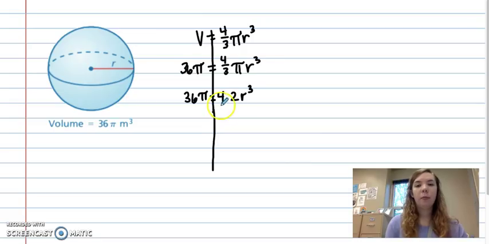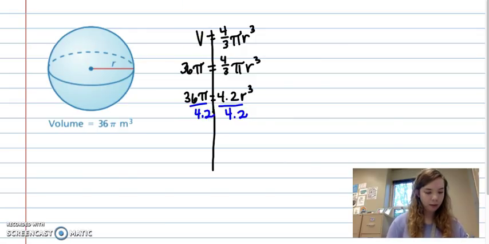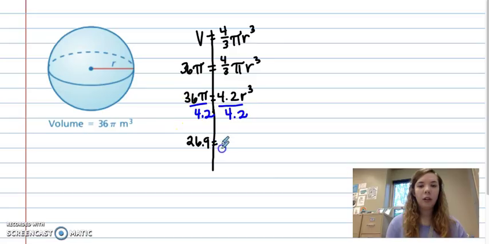Then I want to move the 4.2 to the other side, so I'm going to divide by 4.2 on both sides. So 36 pi divided by 4.2 is 26.9 equals r cubed. And then our last step is to cube root on both sides.